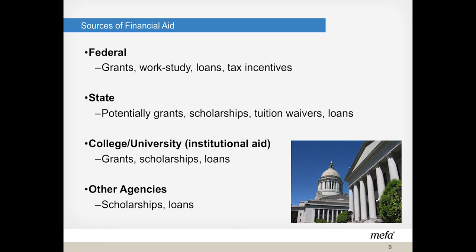Depending on the state in which you live, the state can provide grants, scholarships, tuition waivers, and loans. The colleges and universities also provide a good amount of aid, both grants, scholarships, and loans. And then other agencies as well, nonprofits, foundations, companies provide scholarships, and some provide loans to students.